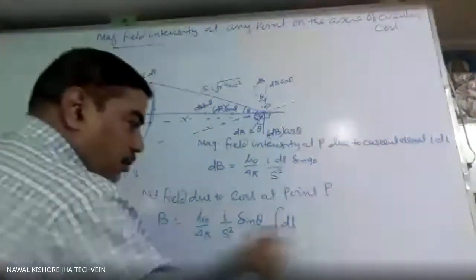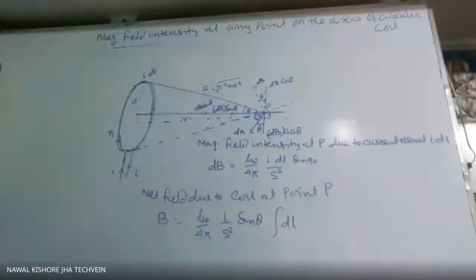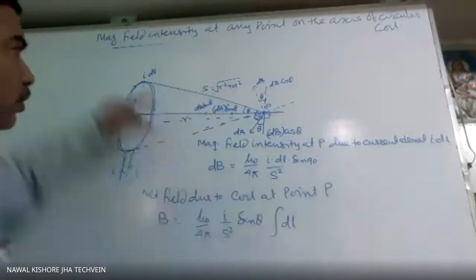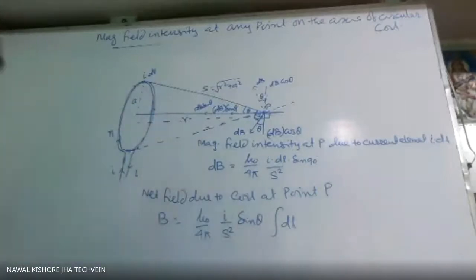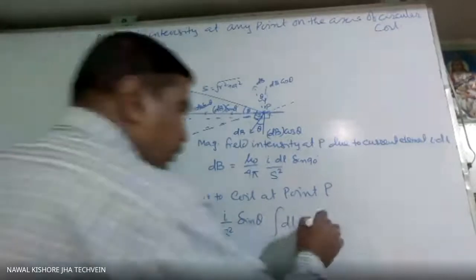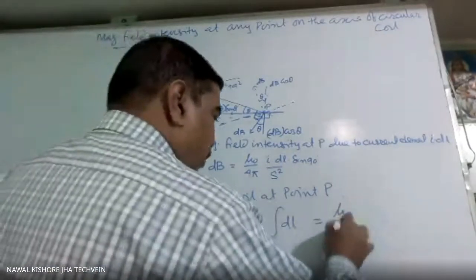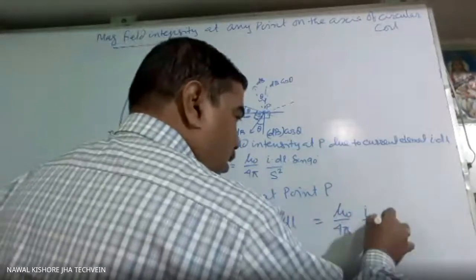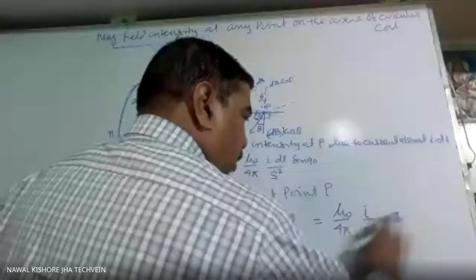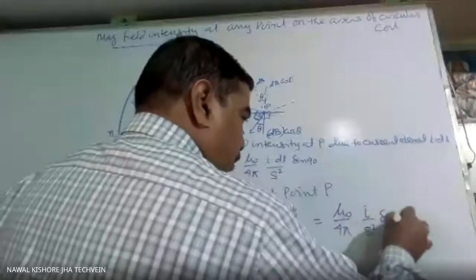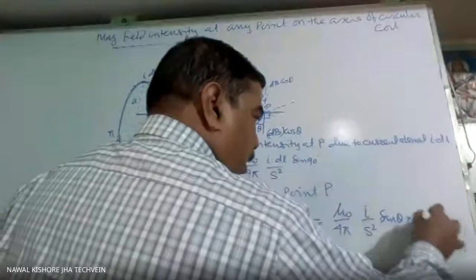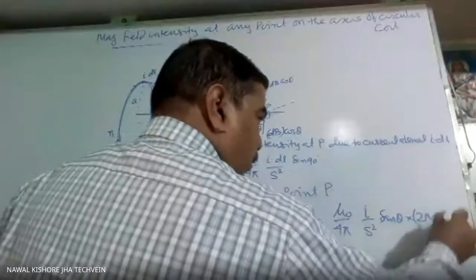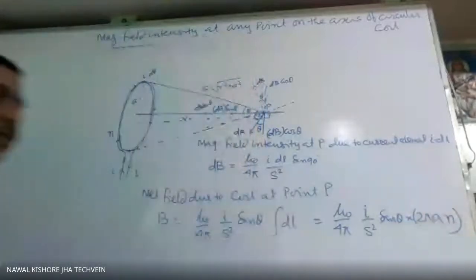Now if we do the integration or summation, whatever you do, again the same thing. What is the integral of dl? 2 pi a into n. So this is mu naught over 4 pi I over s square sin theta 2 pi a into n, where n is the number of turns in the coil.